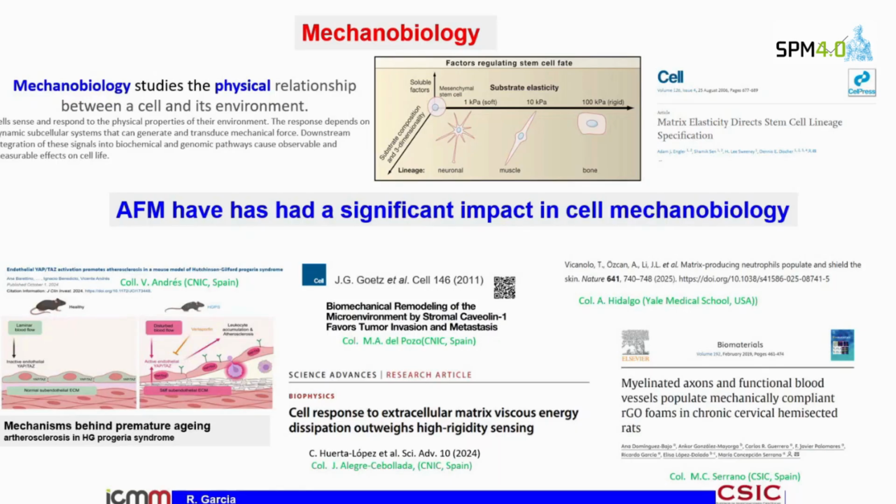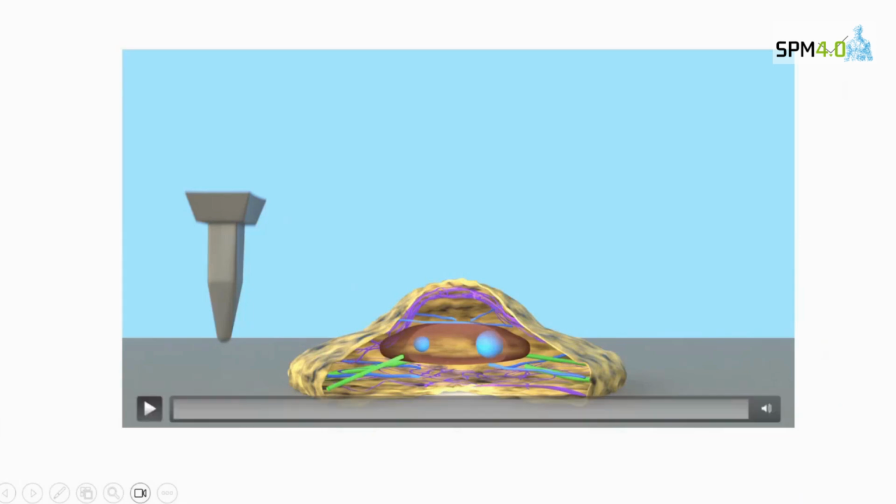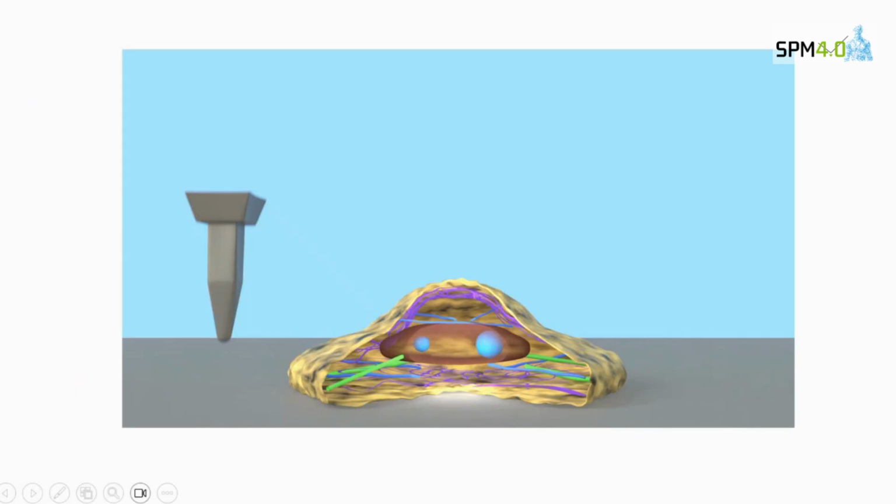This is mechanobiology. And the AFM, being a mechanical microscope, is ideally suited to address issues in mechanobiology. And the cell biologist knows that. And in particular, we are collaborating with a lot of groups on this topic. So this is how the AFBAT project, coordinated by Gabriel Gomila, knows it.